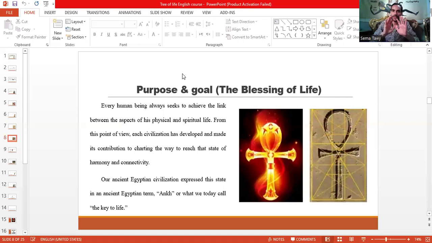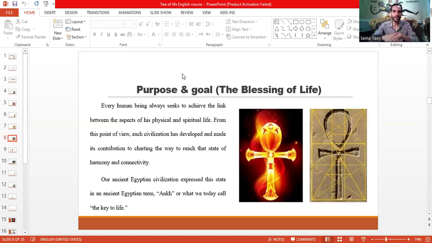So the people who search for spirituality only and leave the physical world behind them, they don't find the blessing of life.